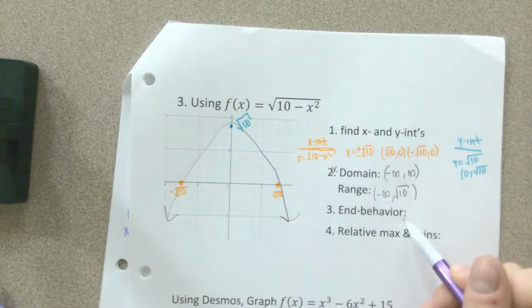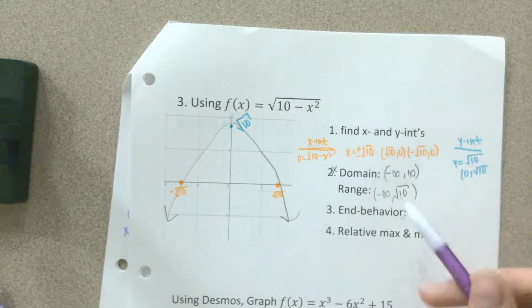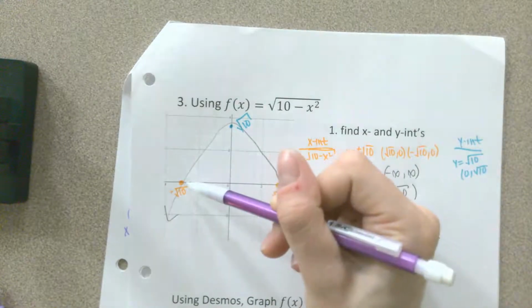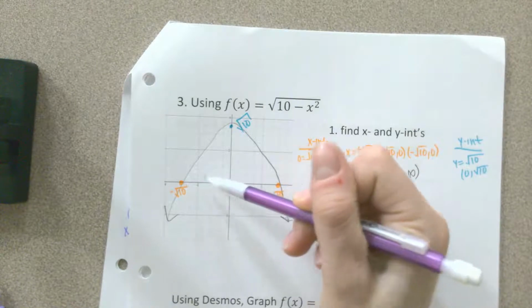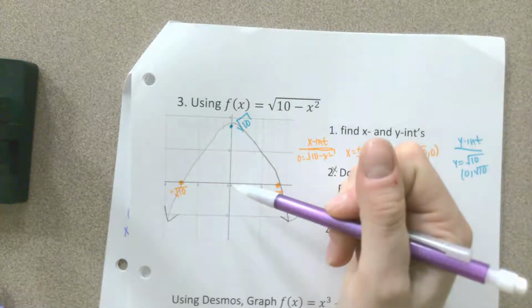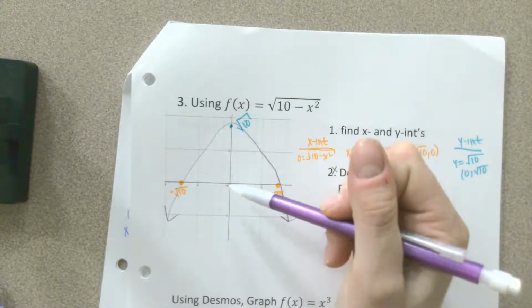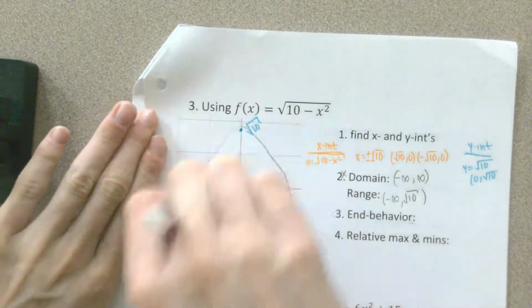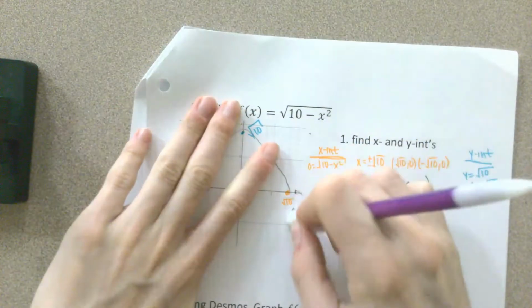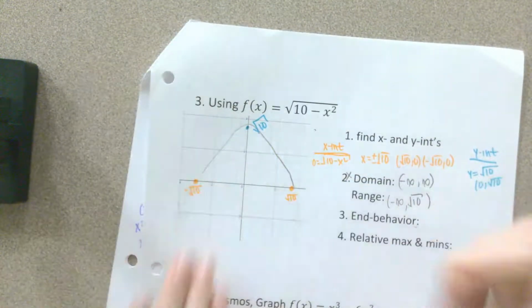Our end behavior, so from negative square root 10 to 0, hang on, I was definitely trying to go too fast. Our function needs to stop at these points. I was like, this is way too similar to the other one.